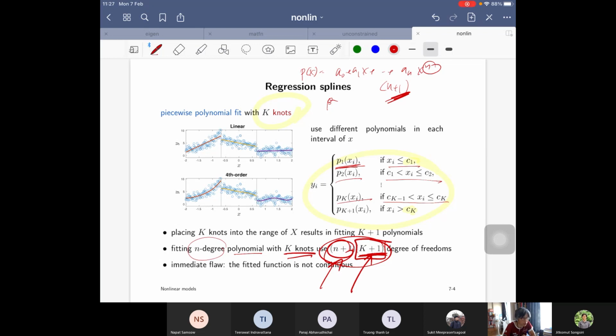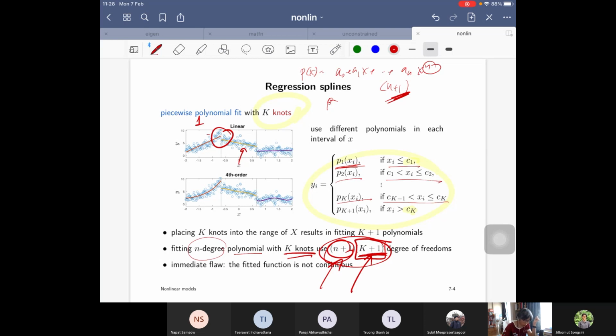Now, the first big flaw of how you pose the problem in this way: if you look at the graph, when I consider region 1, the red line is the best polynomial fit to the data in region 1, and the yellow one in the next region, and so on. The obvious fact is that these piecewise polynomials don't join, because each of them is optimized independently.